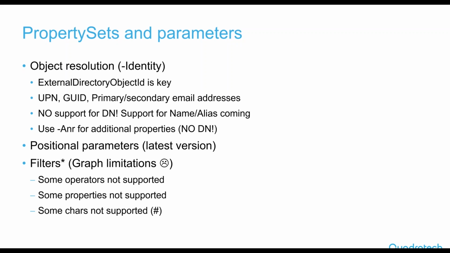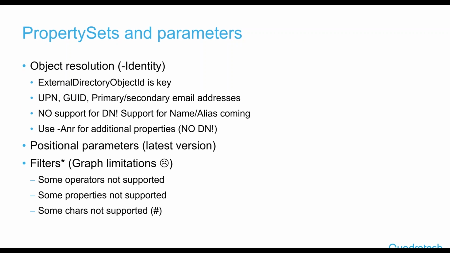Another important thing is the object resolution, or the identifier that you need to provide for the object against which you want to run a given commandlet. Previously you could use a bunch of different identifiers, but now with the switch to the REST APIs, as you are probably familiar with from the Graph API, the external directory object ID is the primary attribute we care about, because the commandlets are then run directly against the Azure AD backend.